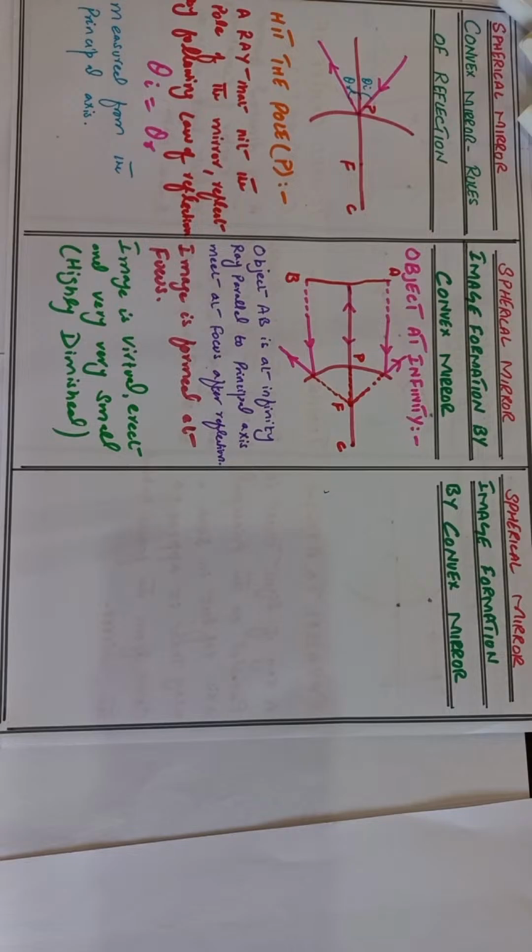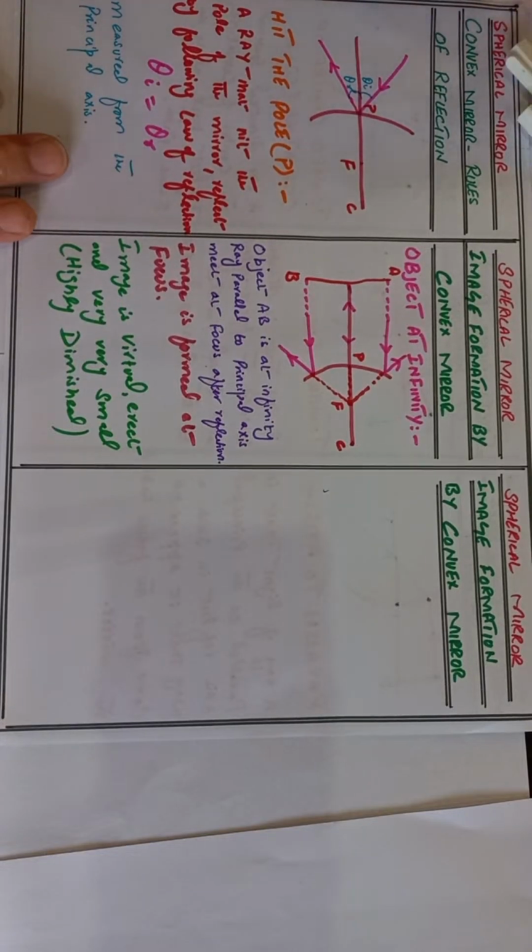Okay, now we discuss when the object is placed between infinity and the pole. So what is the image formation position? So here we draw the diagram.